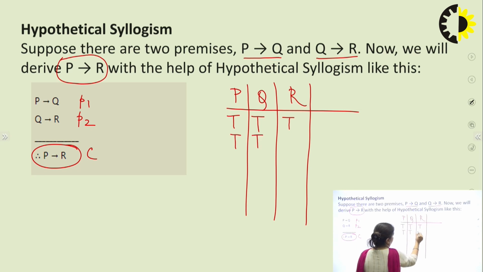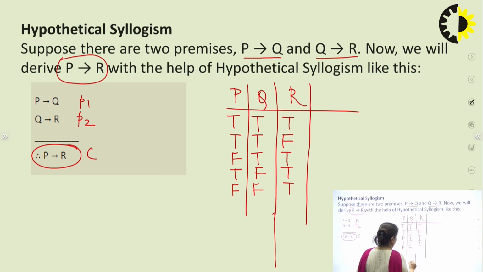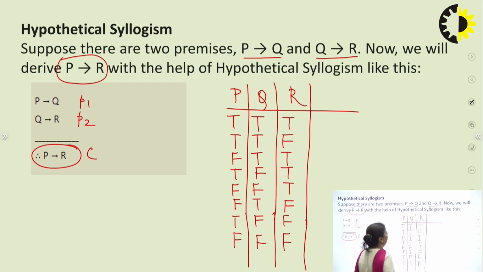First true can be true, third one false. These are the total 8 inputs which are possible.